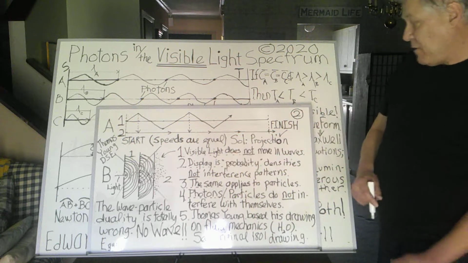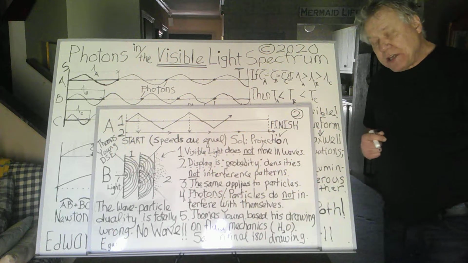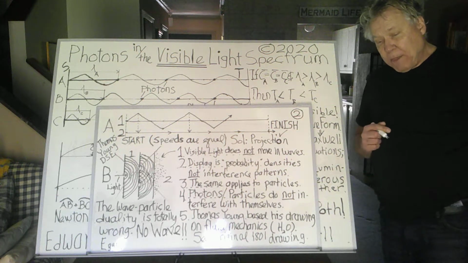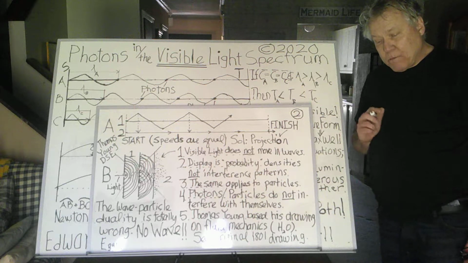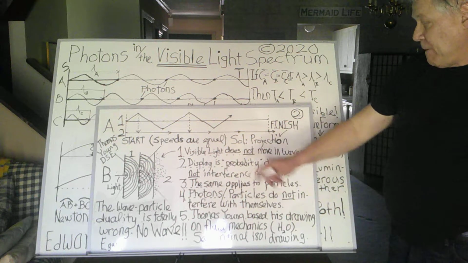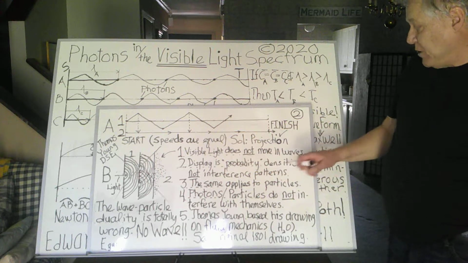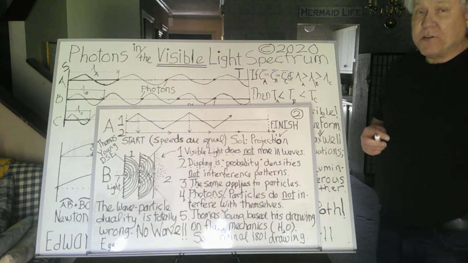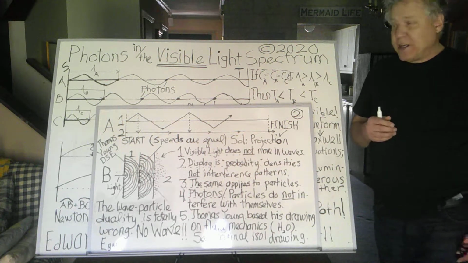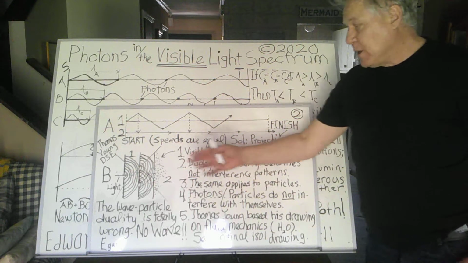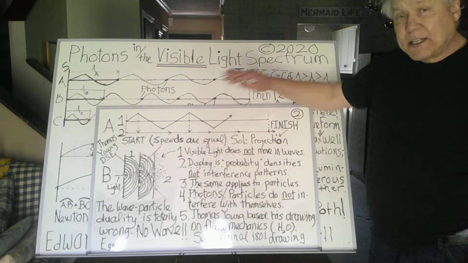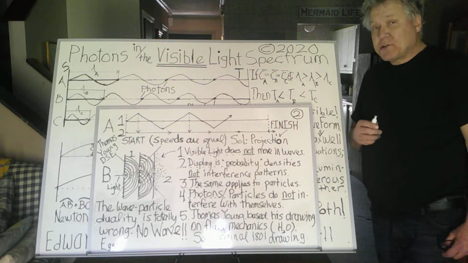It travels in singular photons. The display is probability densities, not interference patterns. So that's what I want you to get out of this. This is just another support for the idea of why light does not travel in waves.